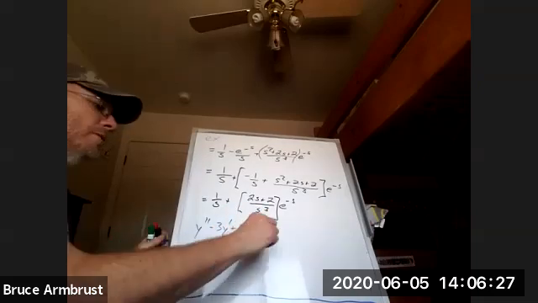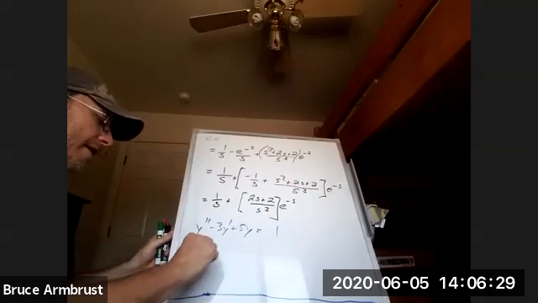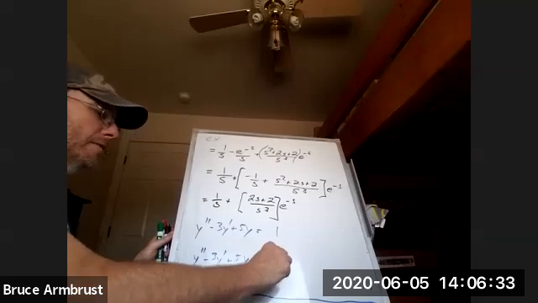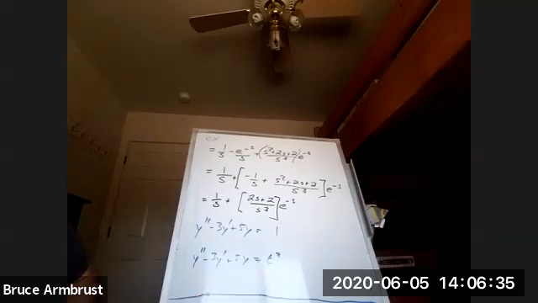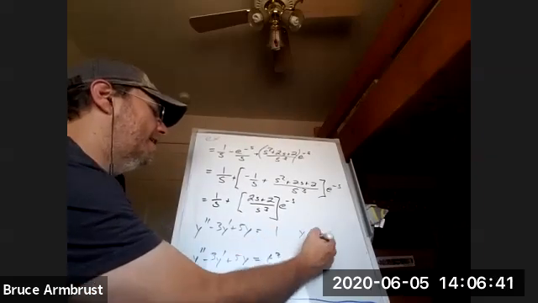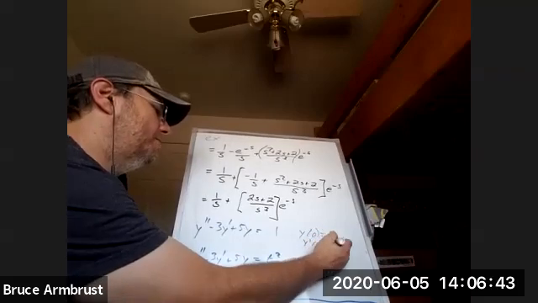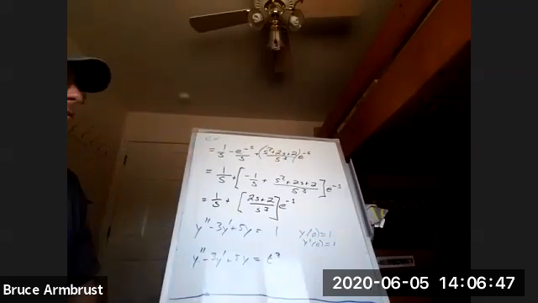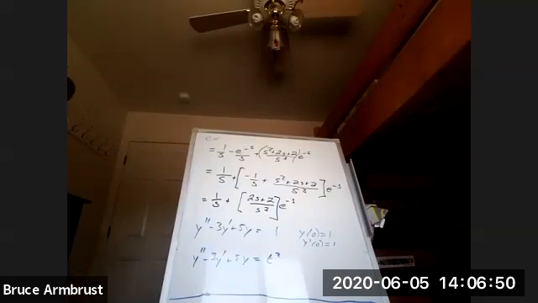Alternatively, what we could do is actually solve these 2 independently. And if I gave you initial conditions, and again, I don't think I did, but let's just say that I told you something like this, right? That y of 0 is 1 and y prime of 0 is 1.